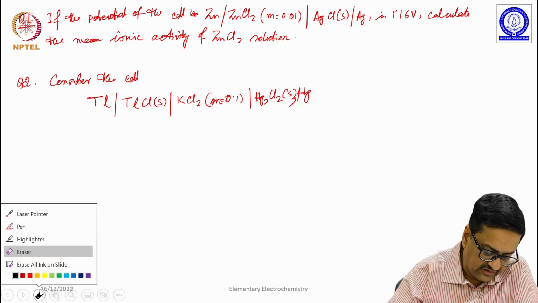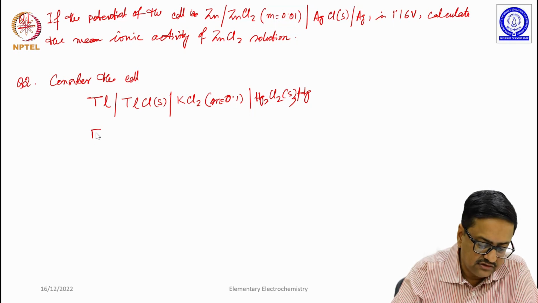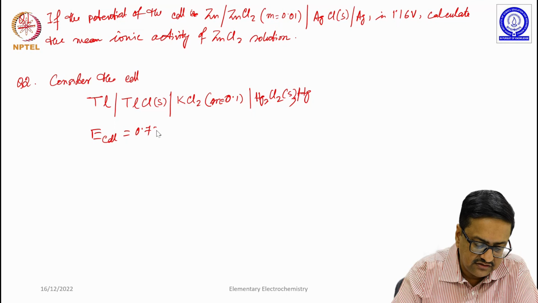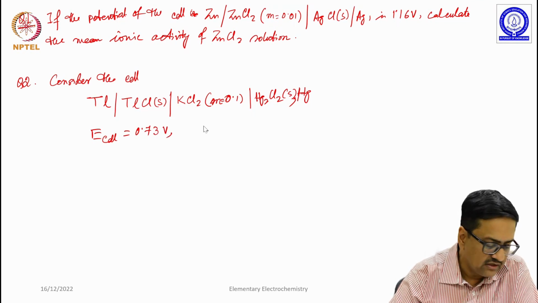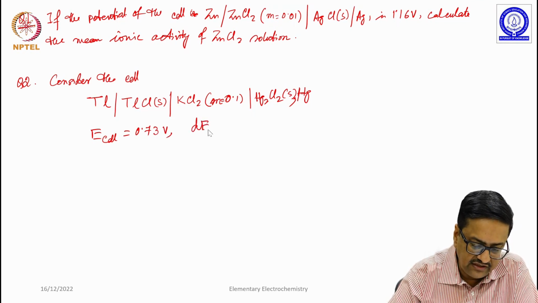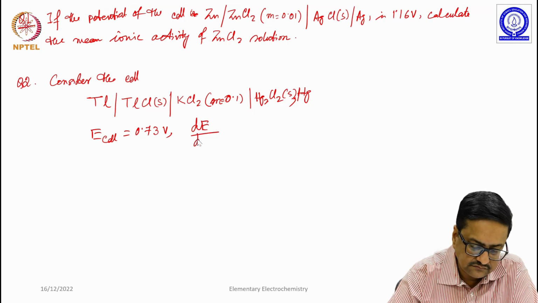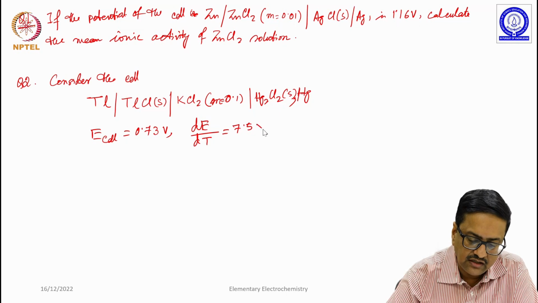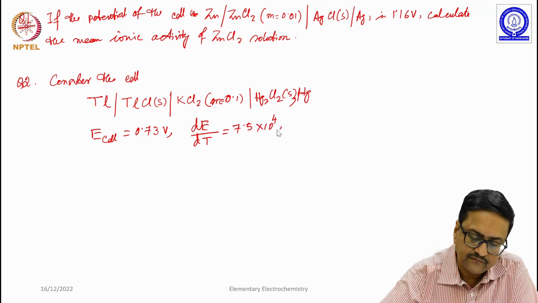The value given is the E cell as 0.73 volt and dE/dT equal to 7.5 into 10 to the power 4.